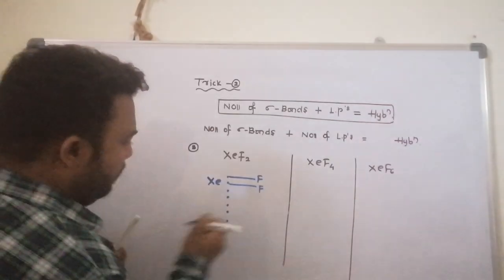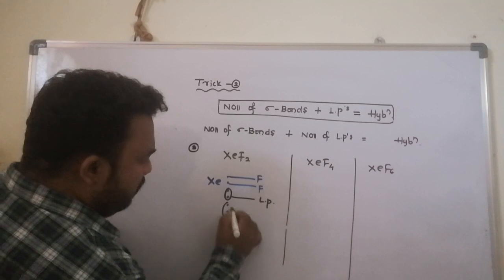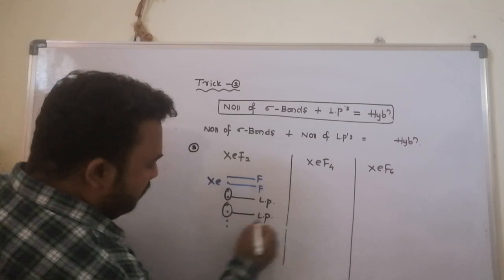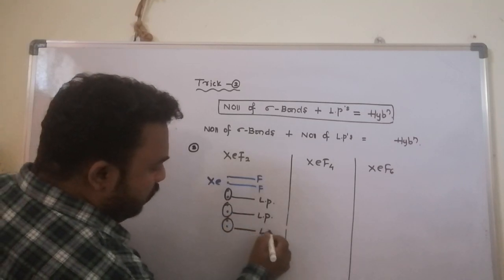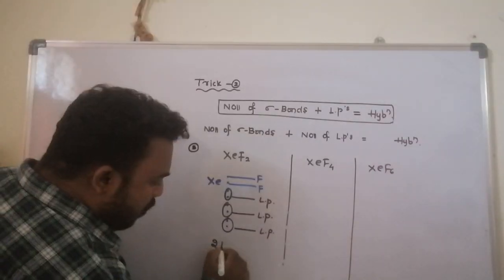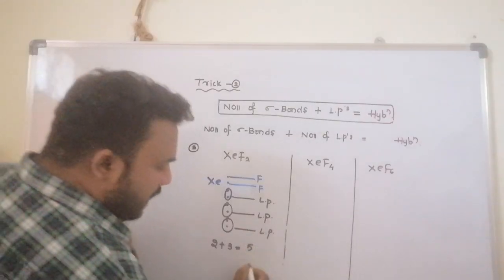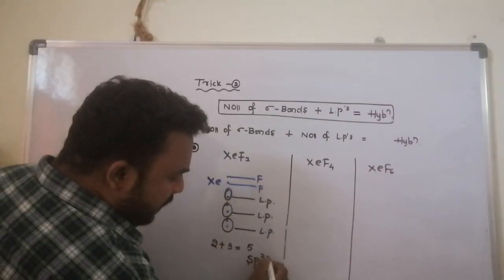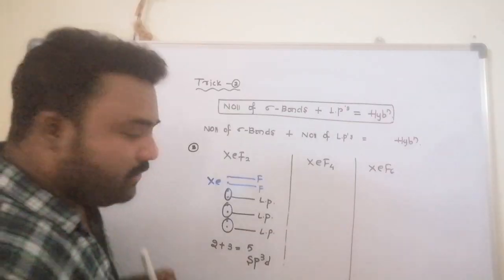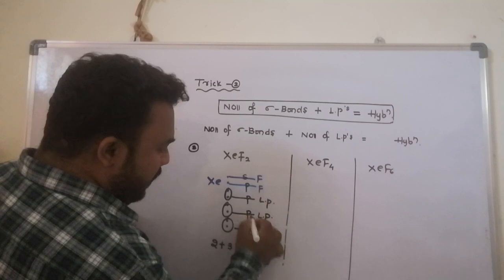Next, the remaining form 1 lone pair, 2 lone pairs, 3 lone pairs. So it has 2 sigma bonds plus 3 lone pairs, total 5, which is sp3d hybridization.